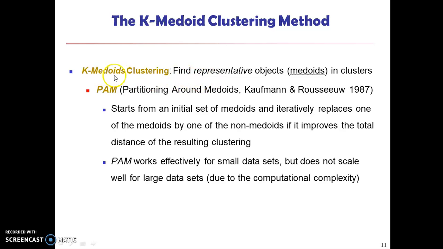K-medoid clustering is to find representative objects, medoids, in clusters, as we already discussed. We start from an initial set of medoids and iteratively replace one of the medoids by one of the non-medoids if it improves the total distance of the resulting clustering. PAM works effectively for small data sets but does not scale well to large data sets.